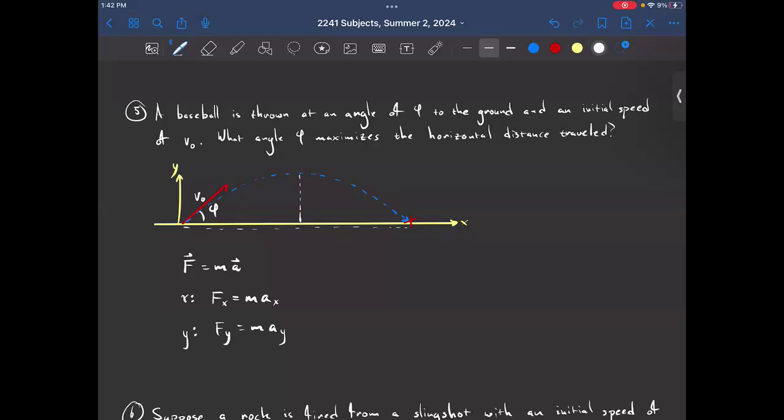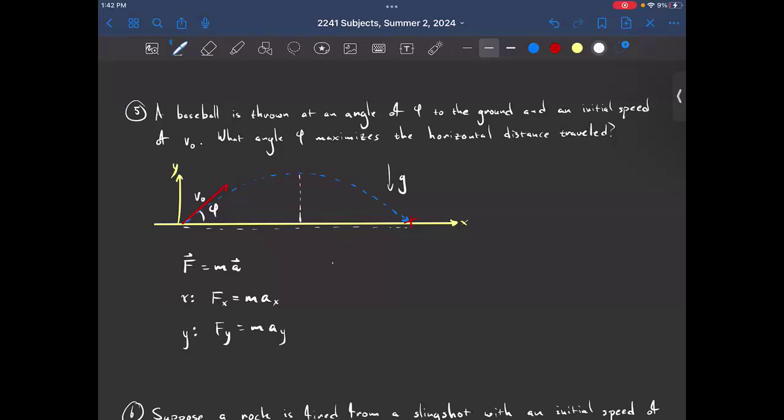Well, let's focus on the y direction for a second, because that's where we have some actual forces going on. In the y direction, we have the force of gravity acting downwards there. So our acceleration in the y direction there is going to be minus g.